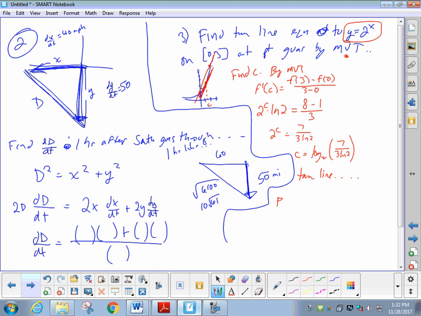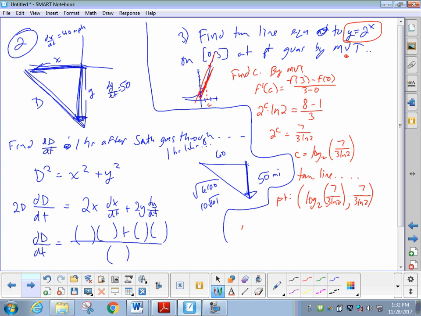What's the point? The question I'm sure you've asked yourself many times. What's the point? What's the x? Log base 2 of 7 over 3 natural log of 2. What's the y? Yeah, 2 to that x would just be 2 to the log base 2, which is just the thing. Yeah? 7 over 3 natural log of 2.